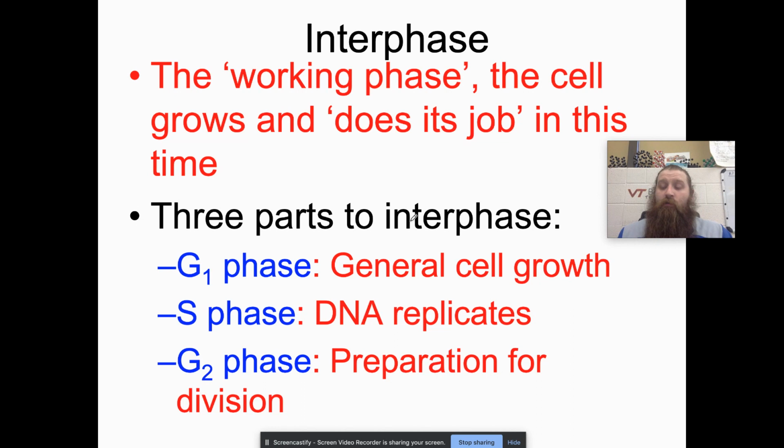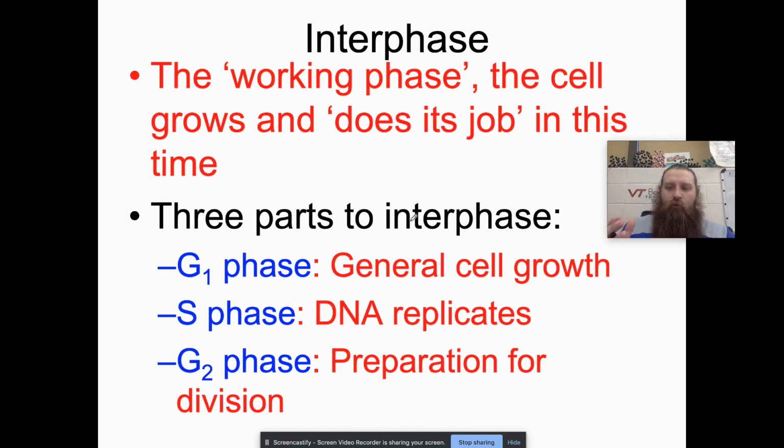G1 is when the cell is growing. It's a daughter cell, it's just come from the split of two other cells, so it's small. It's got to grow. It's bringing in nutrients and building up the cell machinery that it needs to function.